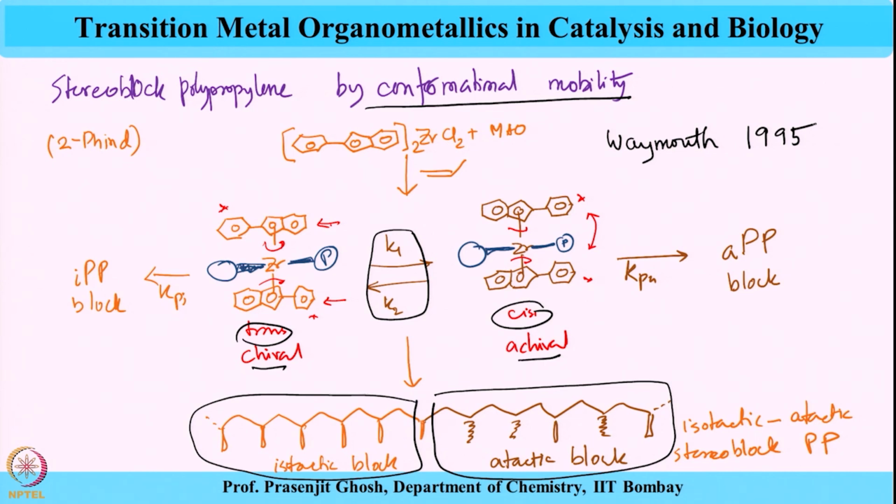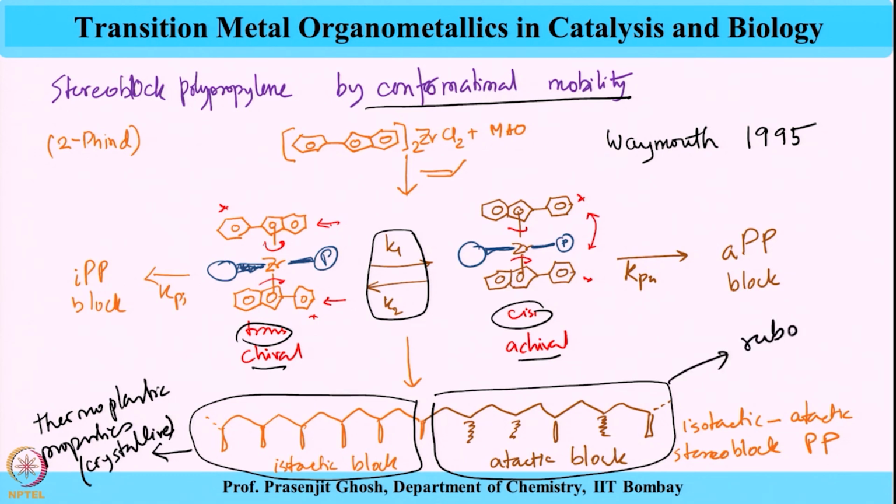And property-wise, the isotactic portion of the block is more responsible for thermoplastic properties, which is more crystalline, whereas the atactic portion of the block is more rubber-like.